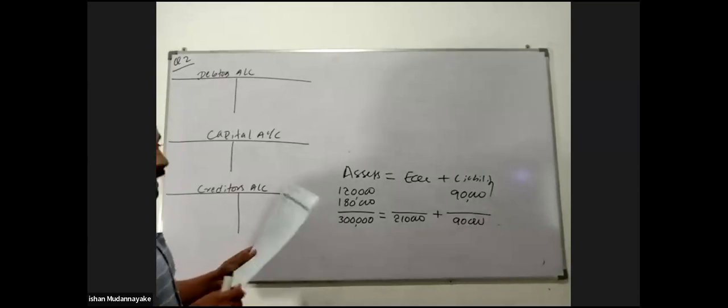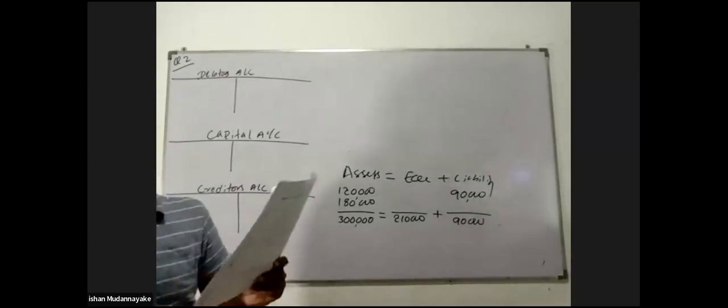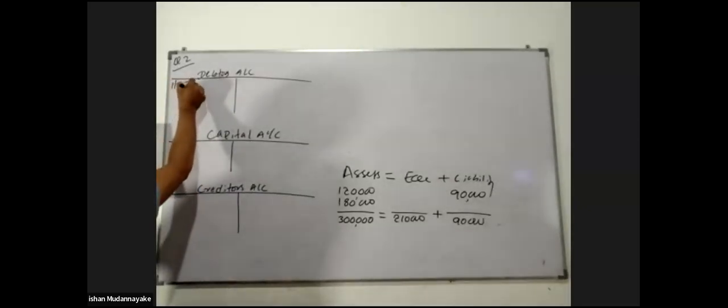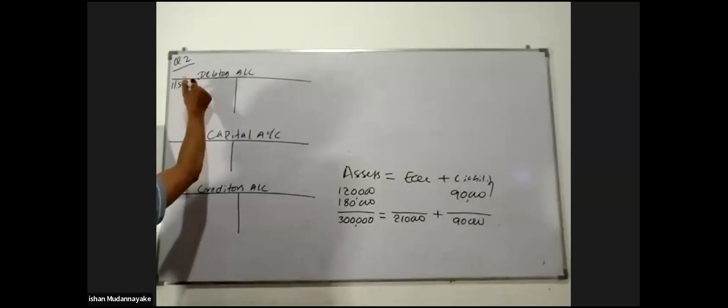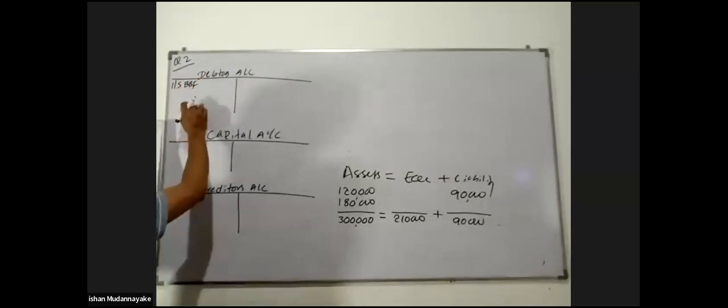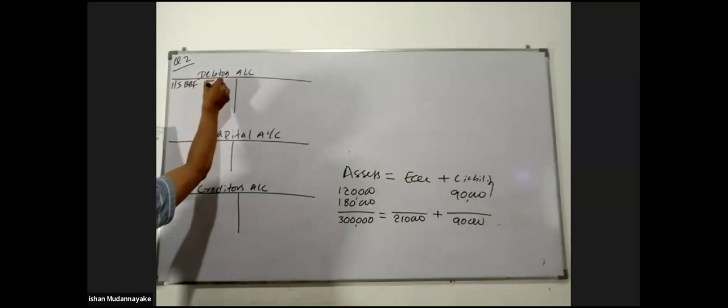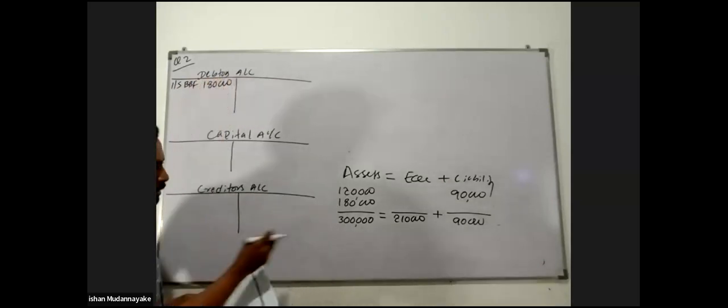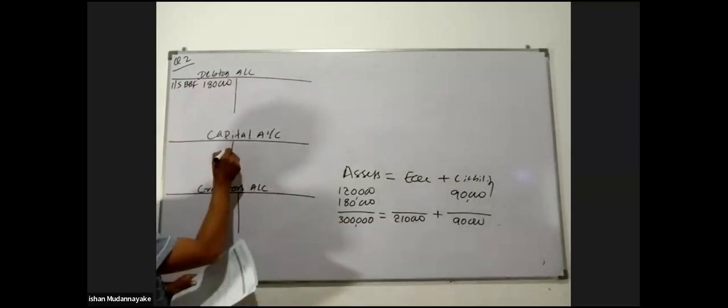Now, cash book opening balance, okay, 120,000 cash book opening balance, and then debtors account, debtors opening assets. First May, debtors opening balance brought forward 180,000, and then capital account opening balance we have calculated.